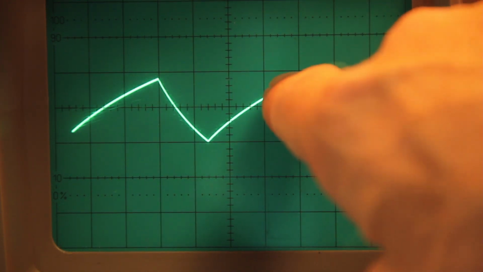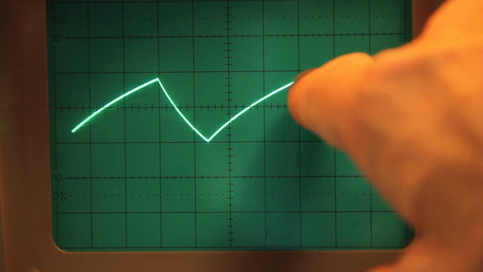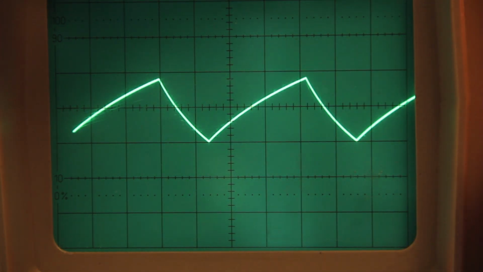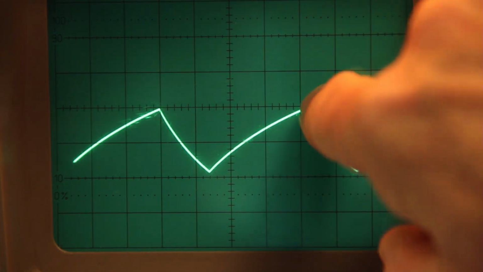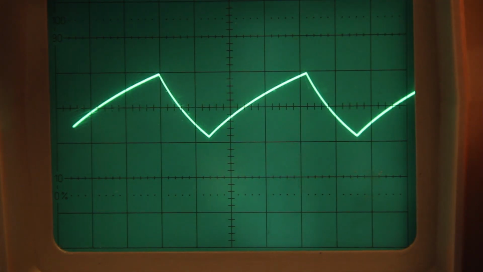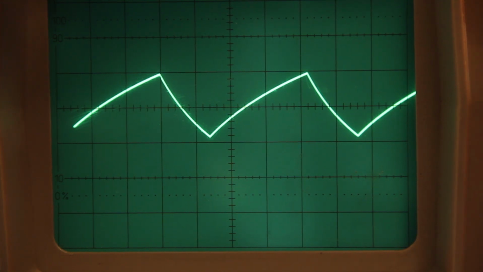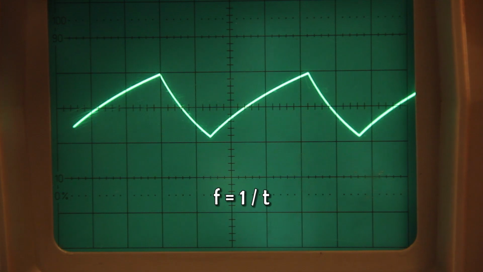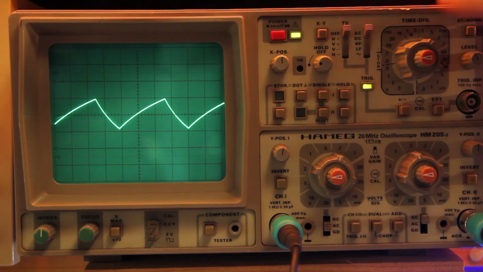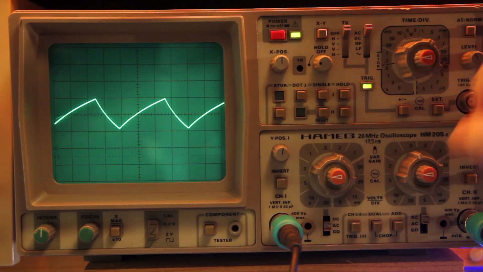So it's 2 milliseconds and 2.1 approximately, 2.1 milliseconds. So the frequency will be 1 over the time, 476.2 hertz.